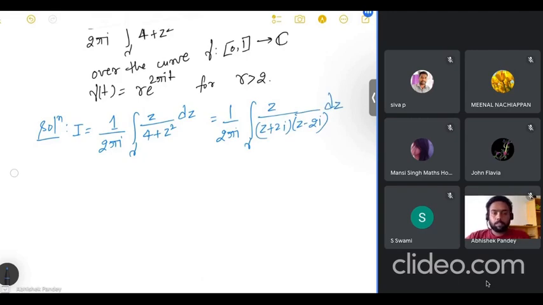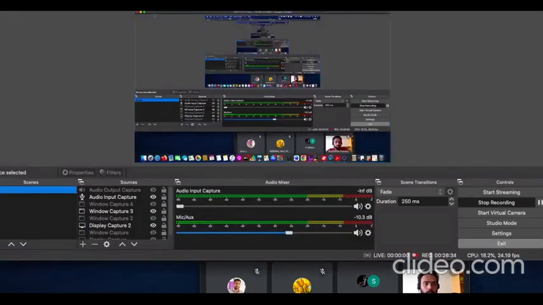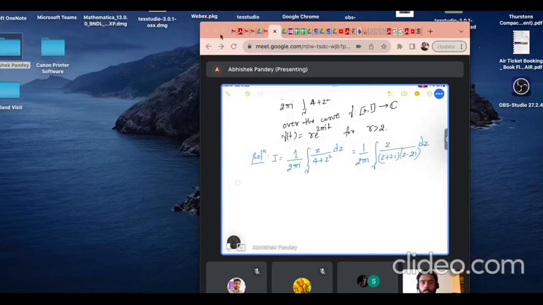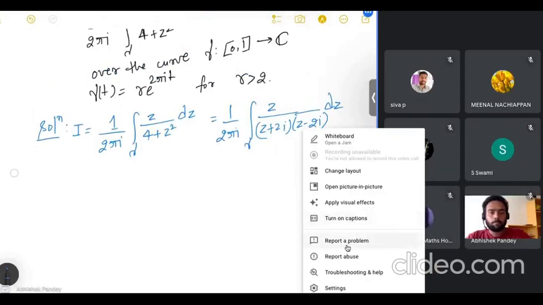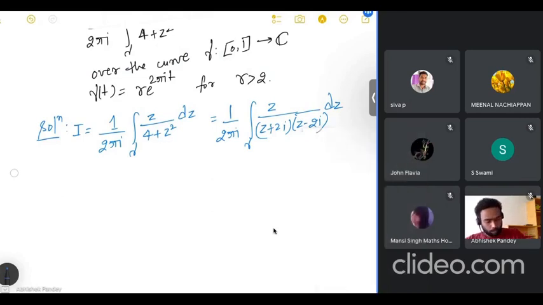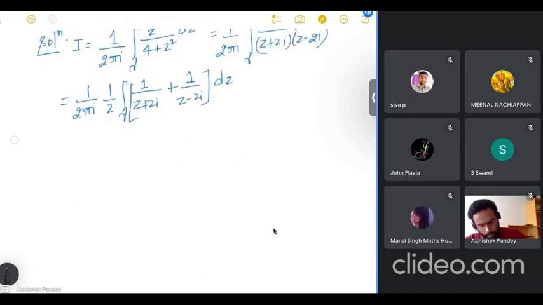Okay, this is 1 upon 2 pi I and 1 by 2 integral over gamma of (1 upon z plus 2I plus 1 upon z minus 2I) dz.